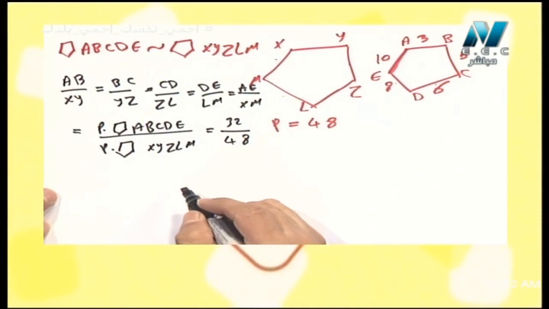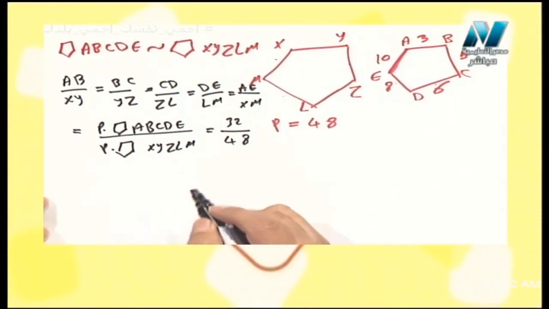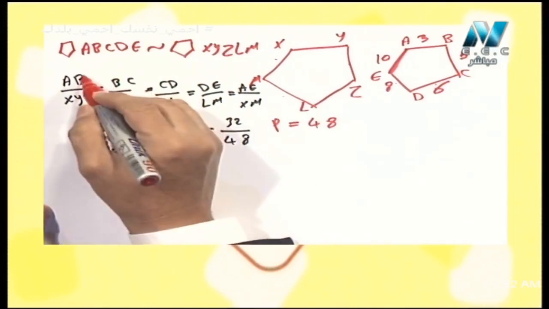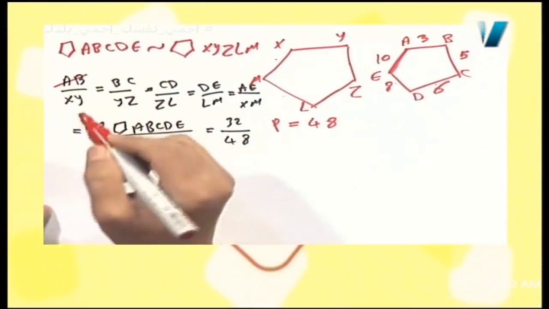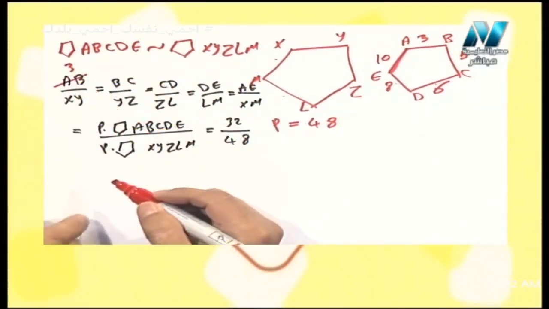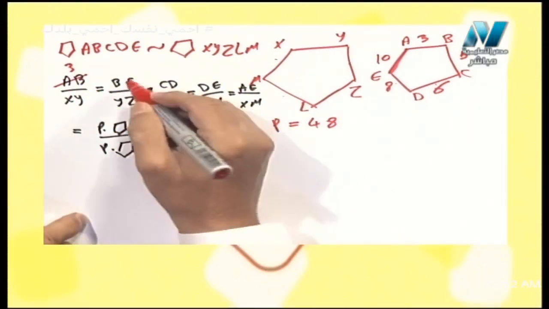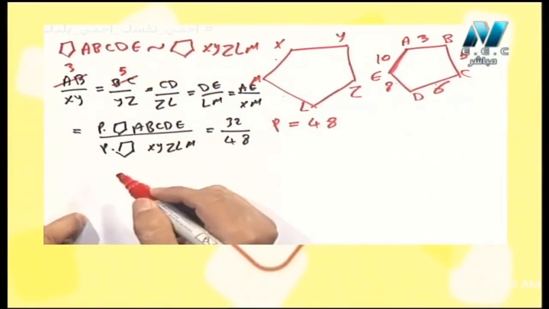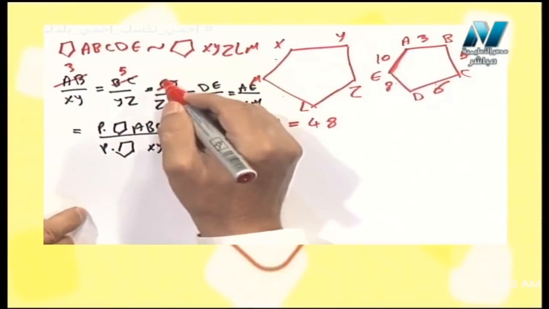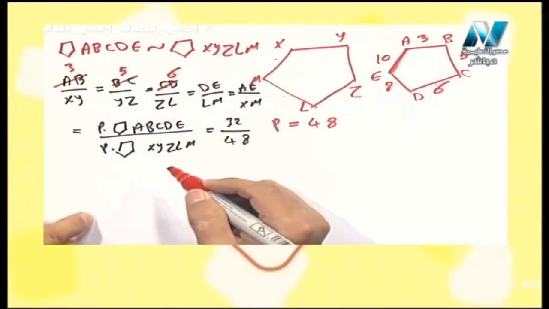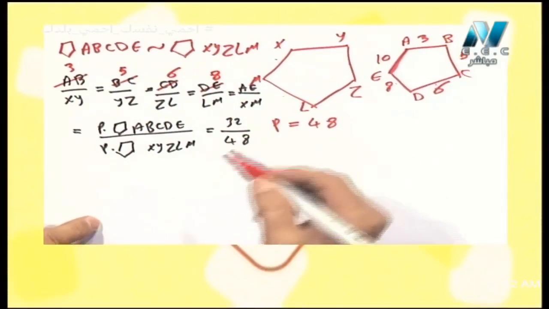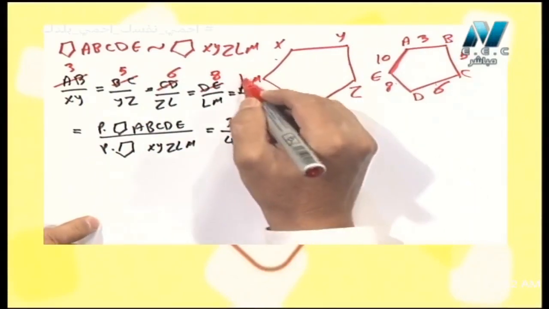And we know that we can substitute: for AB, replace it by 3, BC by 5, CD by 6, DE by 8, and finally AE by 10.